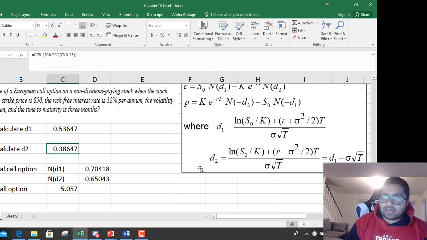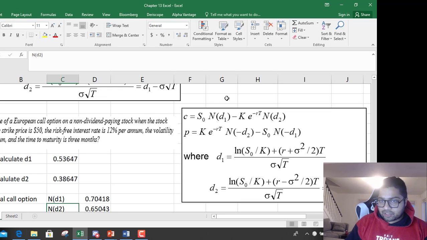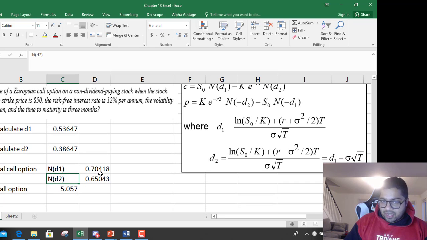Okay, so steps to use Black-Scholes-Merton model: calculate D1 first using this function. Then calculate D2, using the shorter way: D1 minus sigma square root of T. Calculate normal distribution N(D1), N(D2), because you need it in this formula. N(D1) is calculated using Excel function, or you can refer to the book. It's much more complex to use the tables.